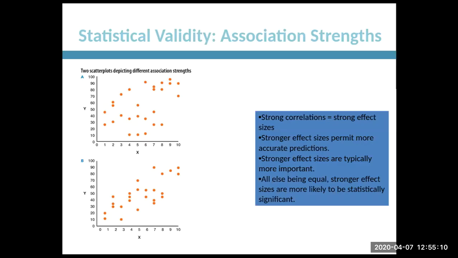So all things equal, stronger effect sizes permit more accurate predictions. They're typically more important, especially if it's just a correlation. So again, all things being equal, stronger effect sizes can lead to more accurate predictions and are more likely then to be statistically significant for an association or a correlation.